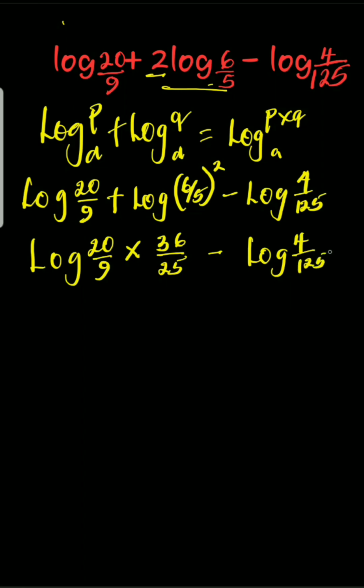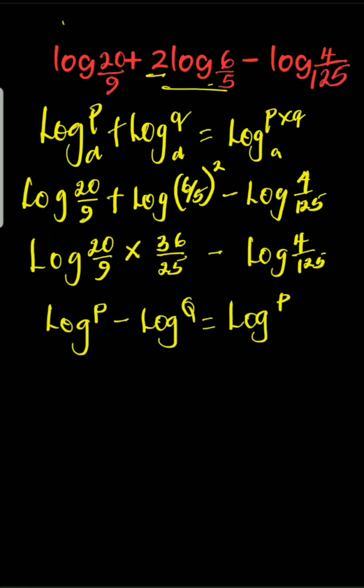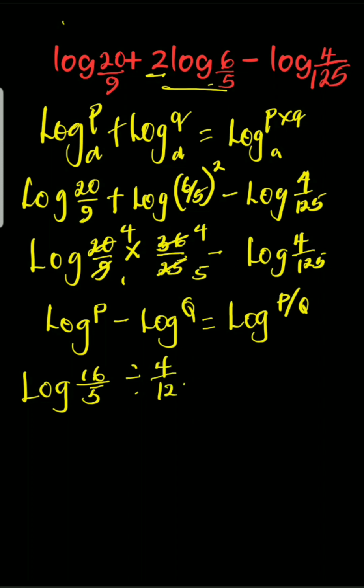And so, we can now apply the other law that says log P minus log Q is log P over Q. So, we could simplify this further. 5 into 5, 5 into 4, 9 into 9, 9 into 4. And so what I have is 4 times 4, that is 16, over 5, divided by 4 over 125.